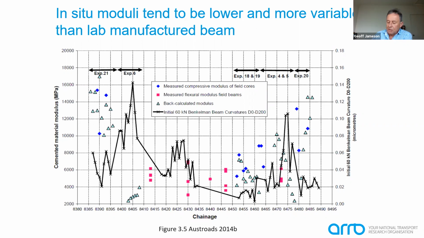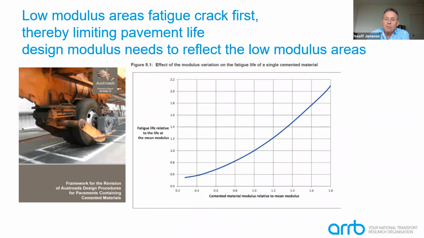And so we need to allow for that high variability in situ in coming up with our design modulus value. The reason is it's the low modulus areas that crack first. And so the design modulus needs to reflect those low modulus areas, because they limit the pavement life.